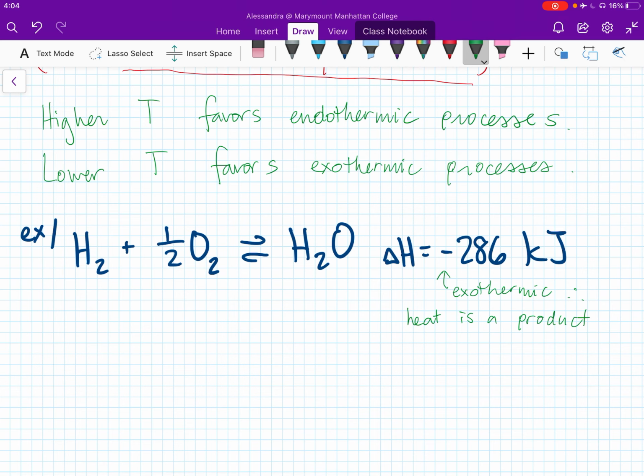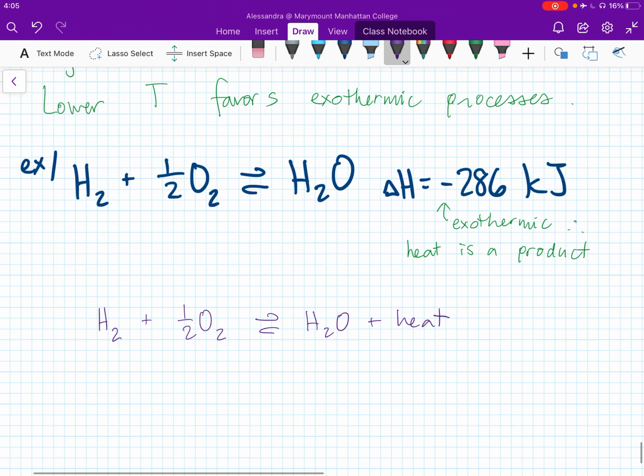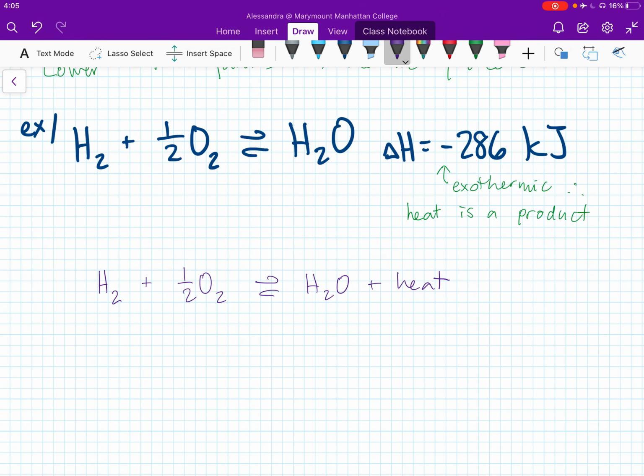Another way of thinking about this reaction, we could even write it like this. We have H2 plus O2 reacting to make H2O plus heat. Heat is effectively a product in any exothermic reaction. For an endothermic reaction, we could write heat effectively as a reactant on the left side. So if I treat heat as a product, it's pretty obvious what the temperature effect is going to be.